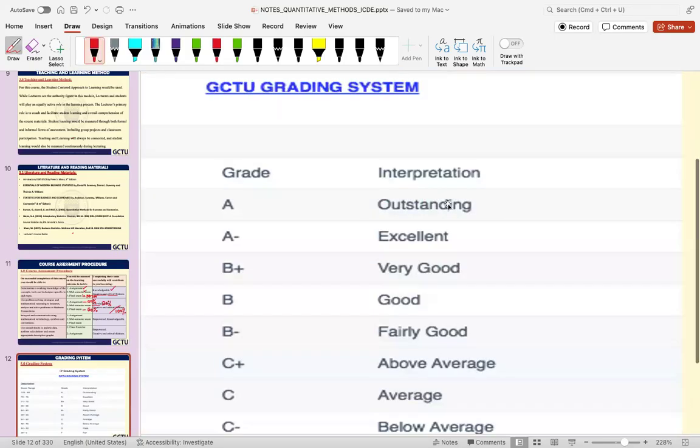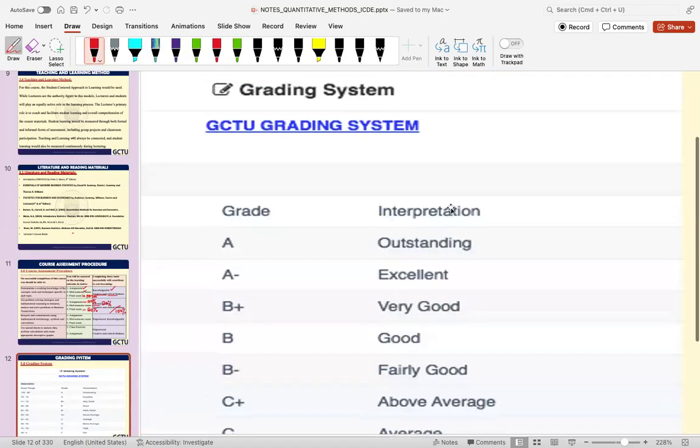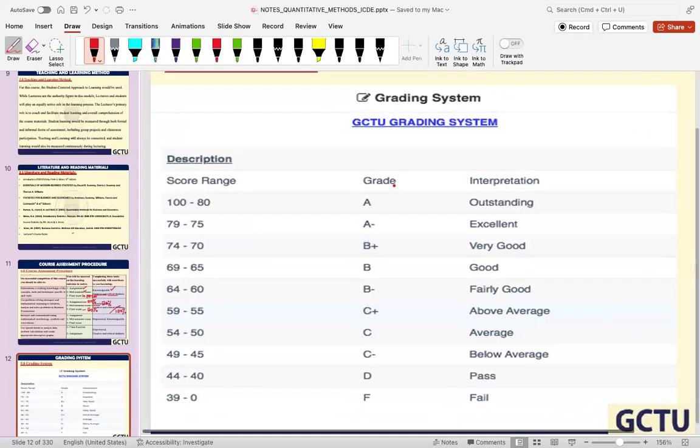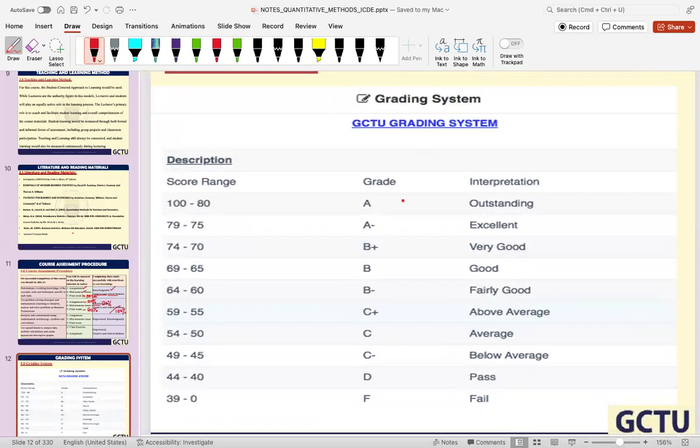The school has a grading system, which I have labeled as the GCTU grading system. It shows you the marks range, the grade you get for the range, as well as the interpretation.